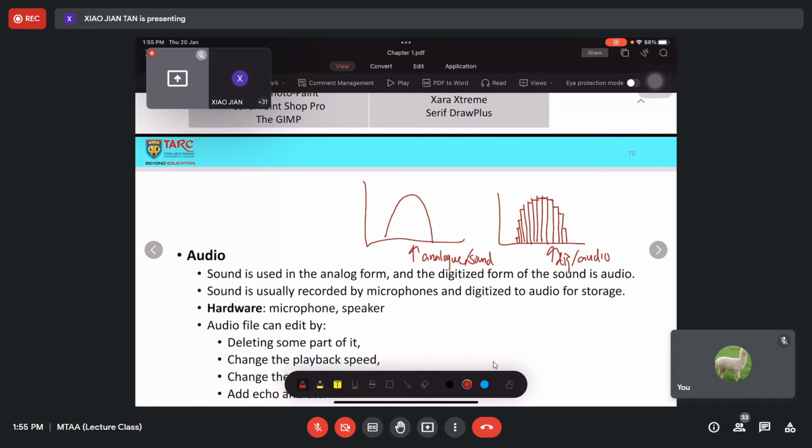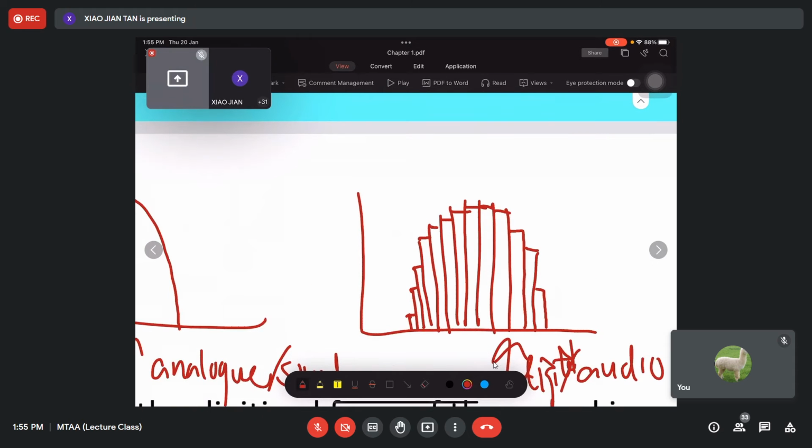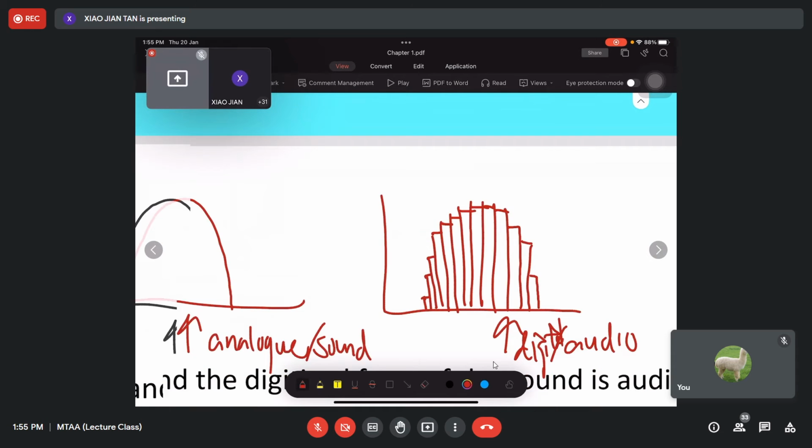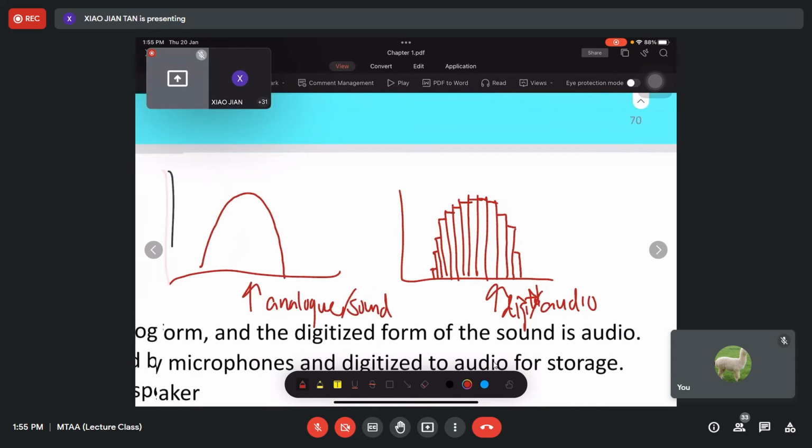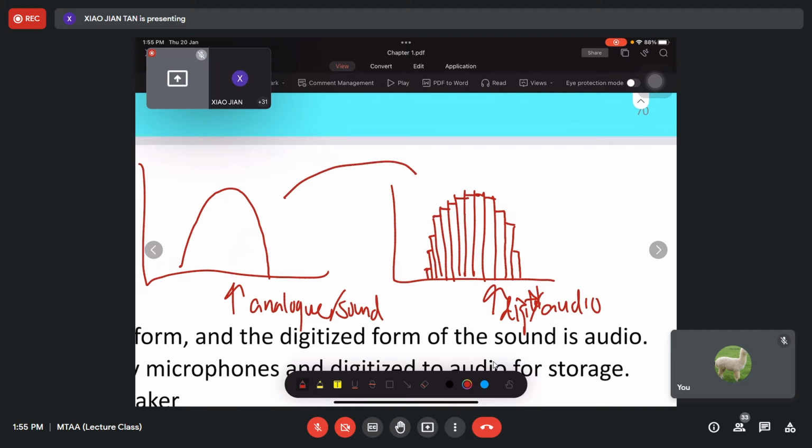This will be the difference. In digital, you must have a specific value for a specific time. But when you convert from analog to digital, you would expect a minor loss of data. It is very dependent on the sampling time.